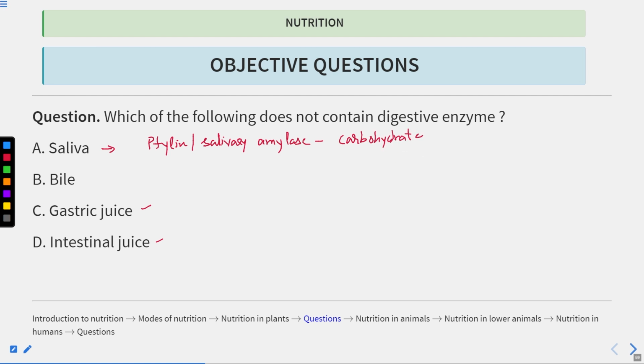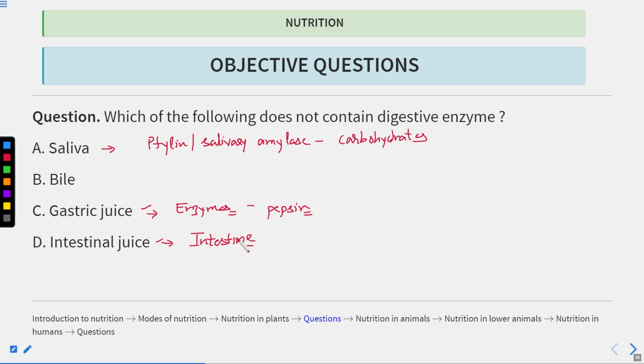If we talk about gastric juice, this also contains enzymes that help in the digestion of carbohydrates, proteins and all. An example is pepsin, which helps in the digestion of proteins. Intestinal juice, this is secreted by the small and the large intestine.